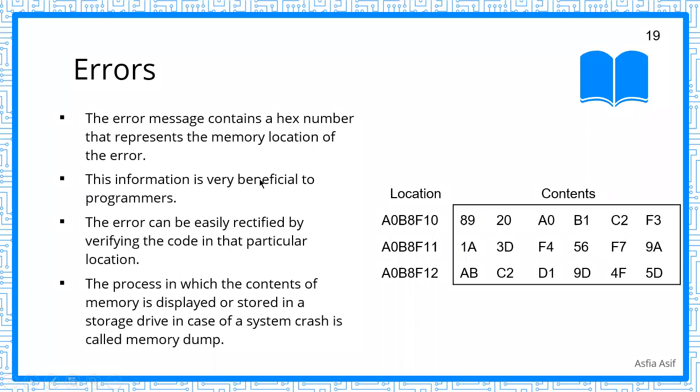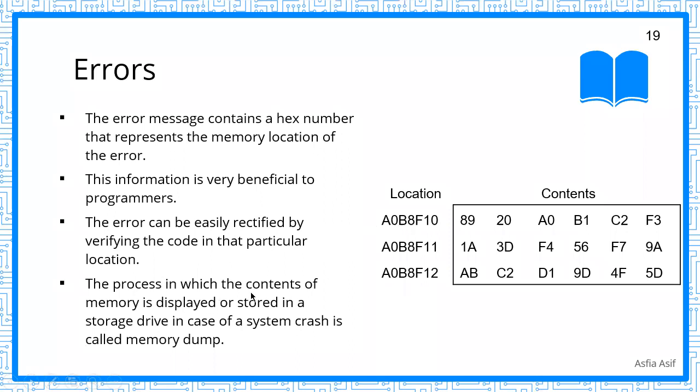This information is very beneficial. Again, whoever is working with the hardware programming will be able to understand this. Right now, we don't understand whatever the error is or what's happening, looking at the contents, but there is something happening. The error can be easily rectified by verifying the code in that particular location.